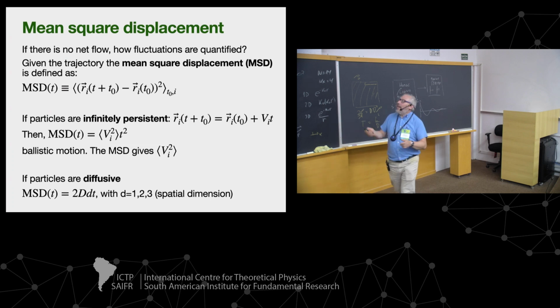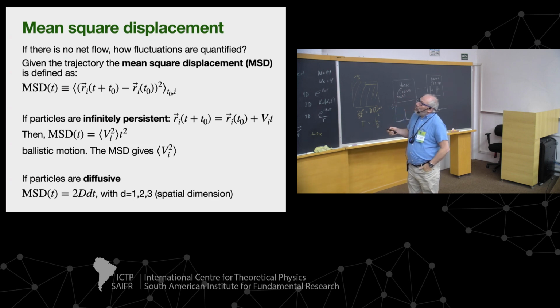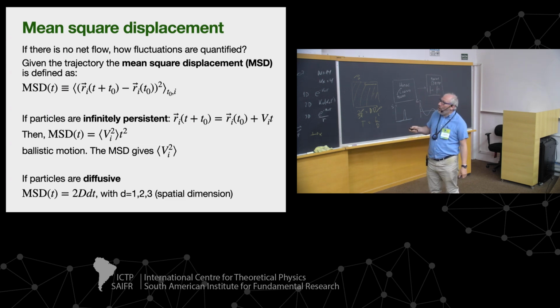There are other ways to get the mean square velocity, but this is a way to get it. Also, if particles are diffusive, instead of the mean square displacement growing quadratically in time, it grows linearly in time, with this law: 2 times the dimensionality d, times the diffusion coefficient D, times t.